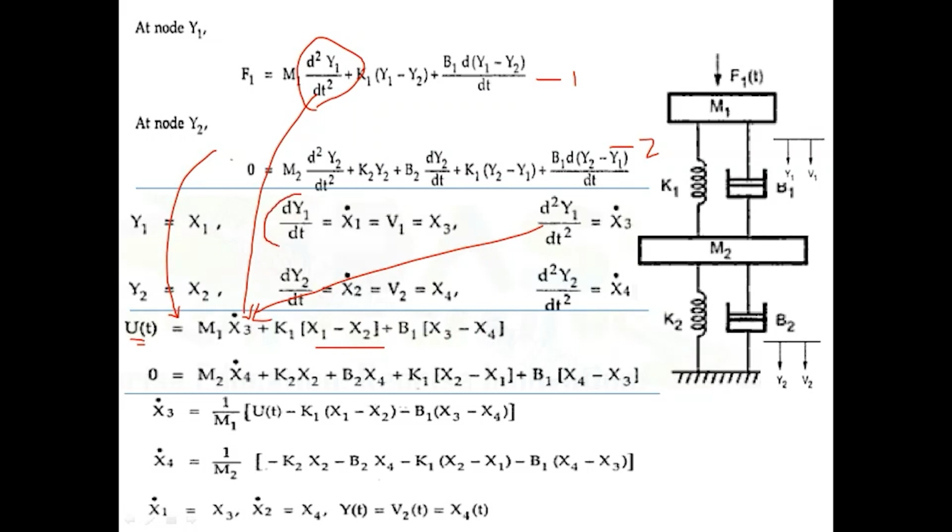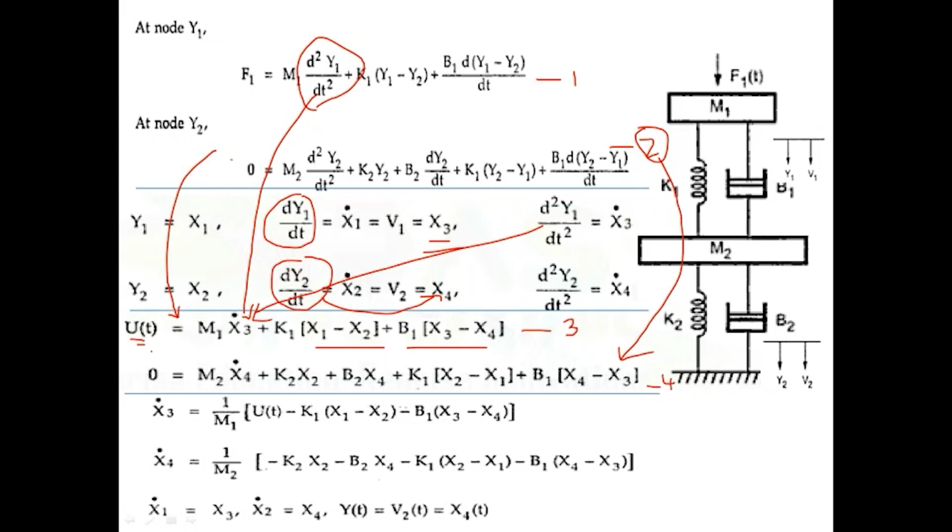We know dy1 by dt is x3, dy2 divided by dt is x4. Combining this, we are writing this expression. Similarly, equation number 2 is replaced by this expression. Take this as equation number 3 and this as equation number 4.